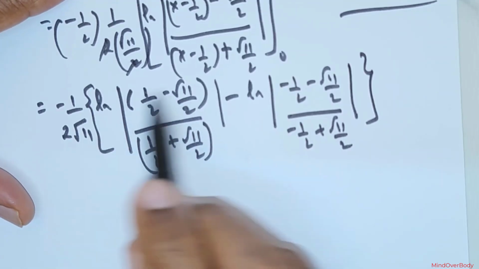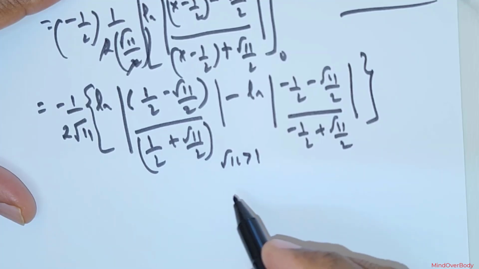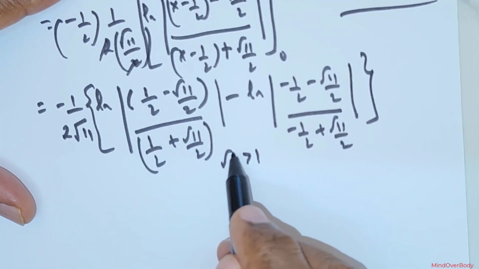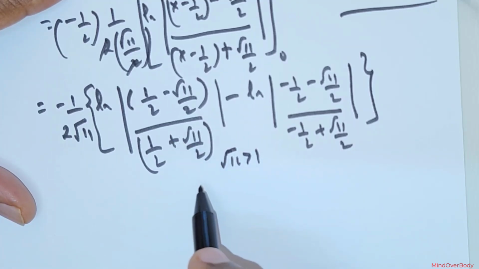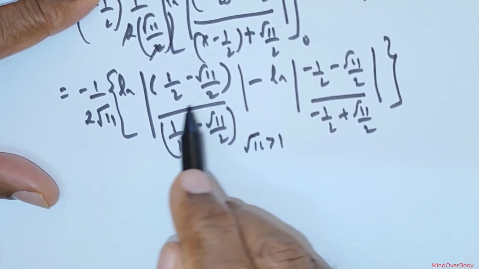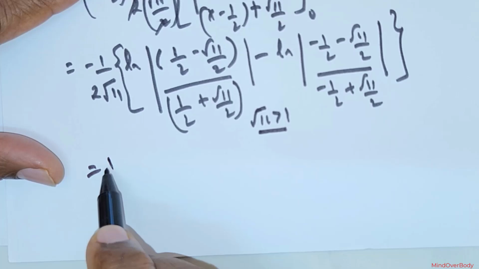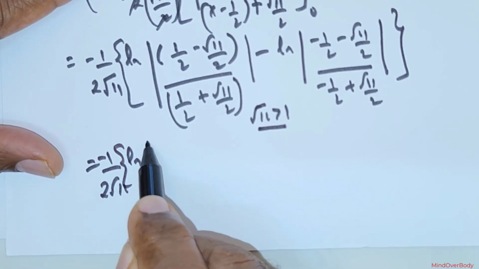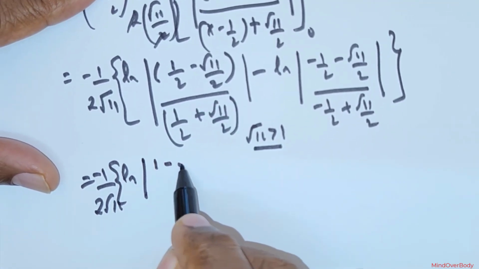Okay, now I want to get rid of this modulus. Now root of 11 is greater than this quantity 1, right? Because of this fact, before I could apply this, I can cancel this 2 out and I would get -1/2 times root of 11 ln modulus of (1 - root of 11).